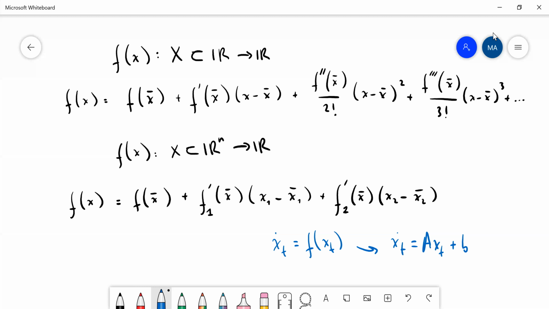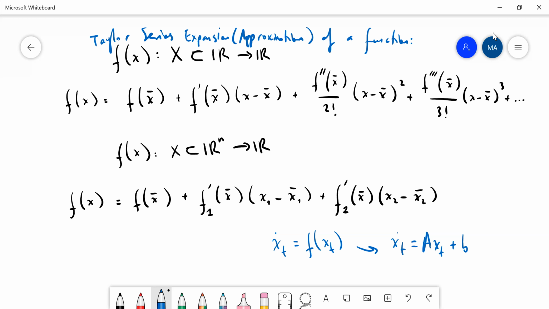Now let me give you a quick reminder of what we call Taylor series expansion or approximation of a function. Okay, because we're going to use that. So let's first of all imagine a very simple function of just one argument.